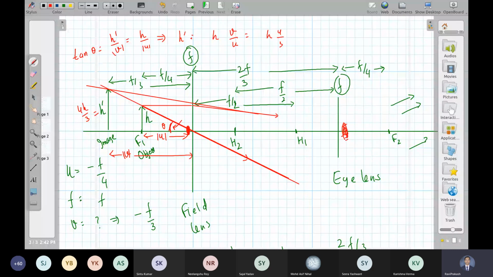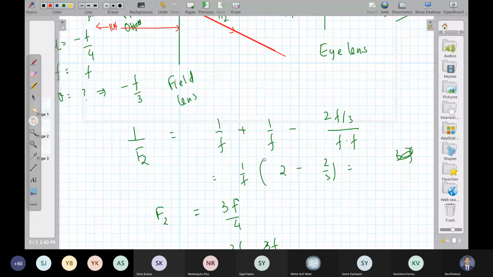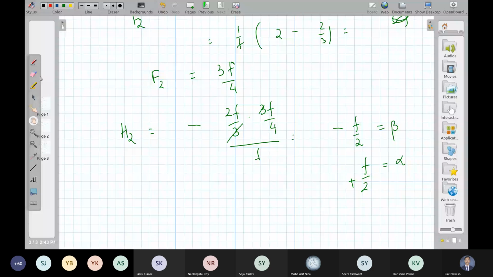The angle made by this image on the eye. What angle did this image make on the eye? How much is that angle? On the eye, let us say that angle is phi.